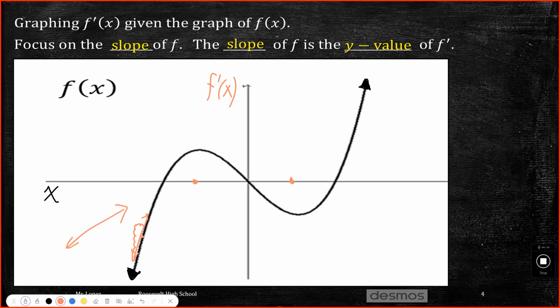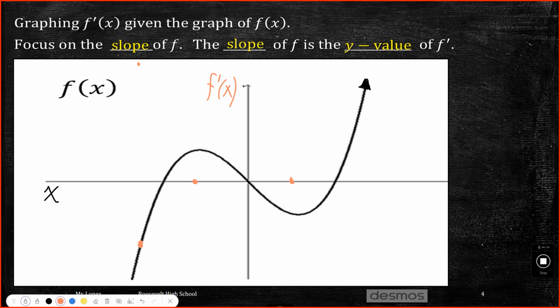See, rise over run will be less. The higher it is, the more tilted it is, the bigger the rate of change. So it's a big rate of change. It's somewhere up here.